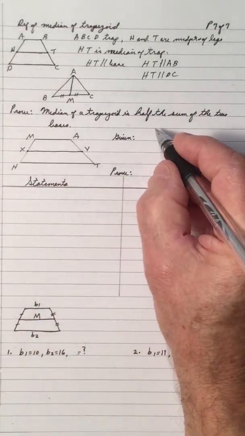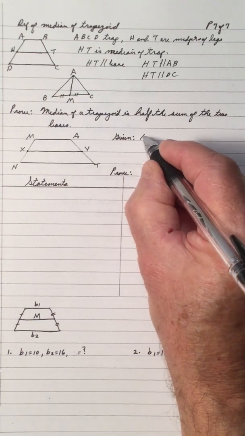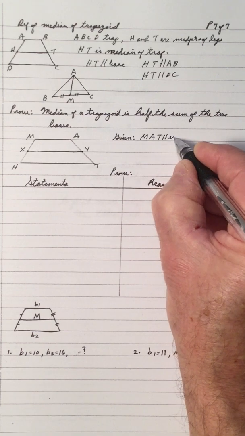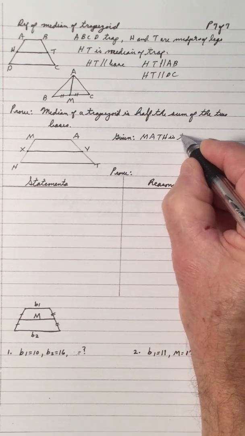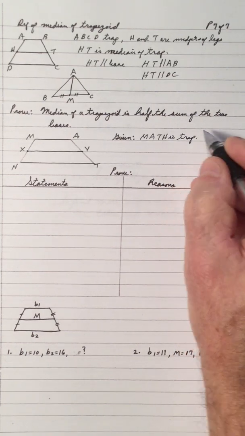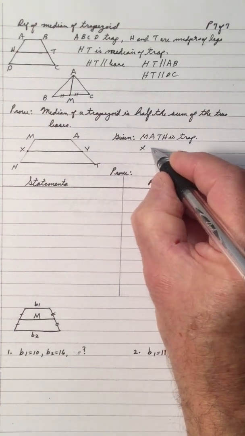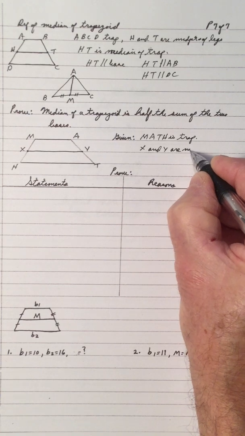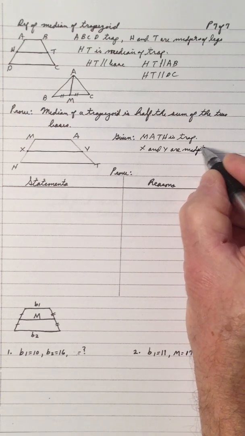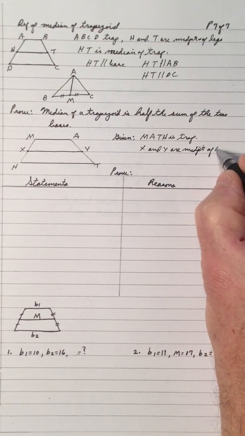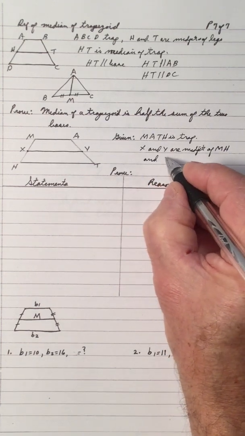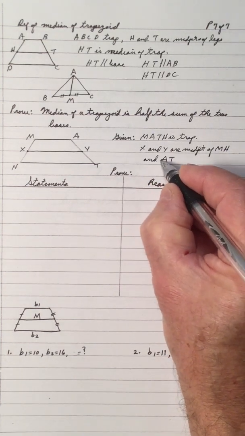So we're given that M, A, T, H is a trapezoid. We're given that X and Y are the midpoints of MH and AT, which are the legs.